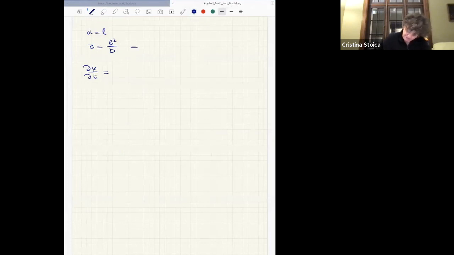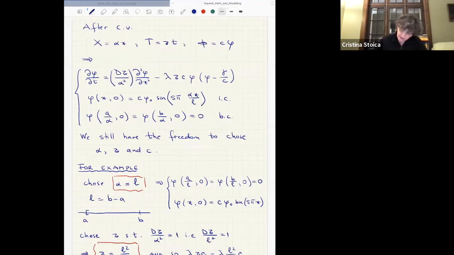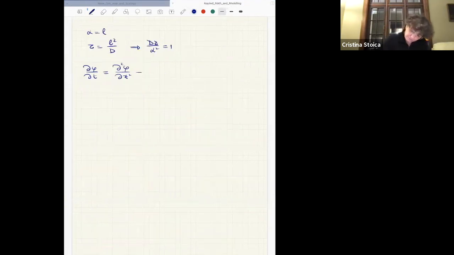The coefficient in front, beta over alpha squared, is 1, so this disappeared. It's d to dx2 minus lambda tau c phi, because lambda becomes lambda L squared over D, C, and then phi minus gamma over C. So that's the ODE now.